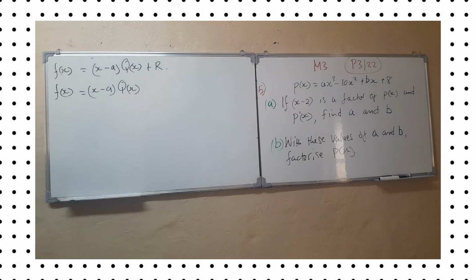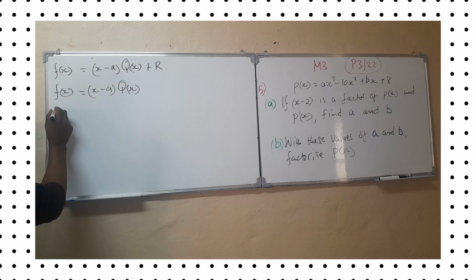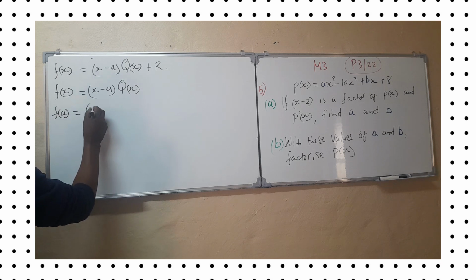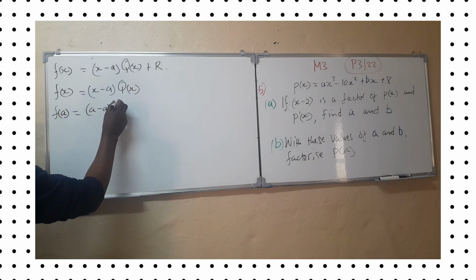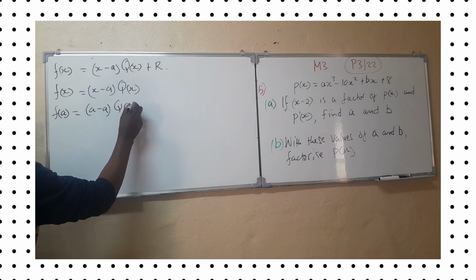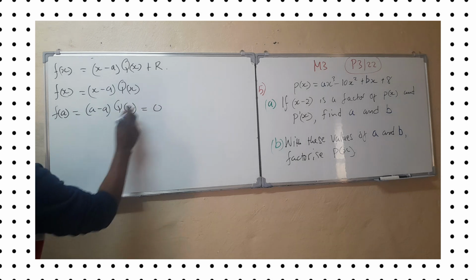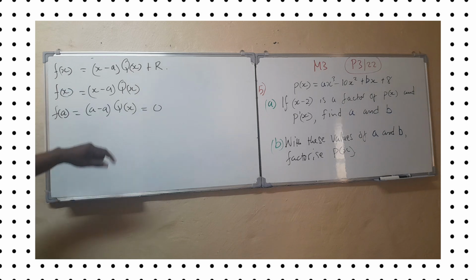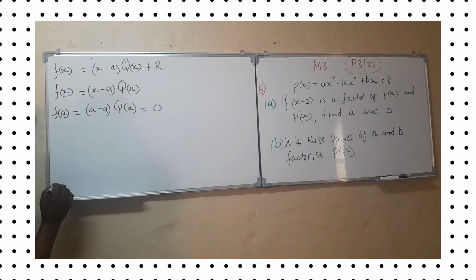What happens if we substitute a for x? Then we get f of a is equal to a minus a multiplied by q of x, which is equal to 0, because a minus a is equal to 0, so 0 times q of x is equal to 0. Therefore, we can conclude that if x minus a is a factor of f of x, then f of a is equal to 0.